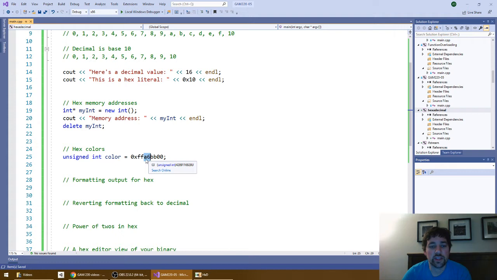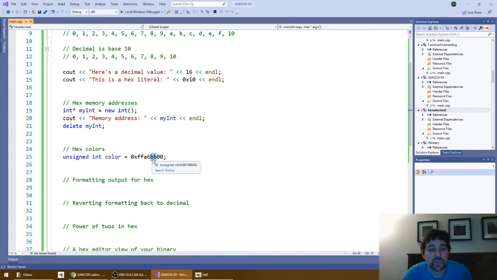A6 is kind of a high value of green here, the next channel. BB is slightly higher than A6. That's sort of like 12, around there, probably like 18.